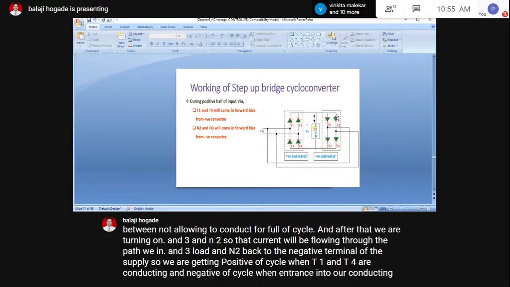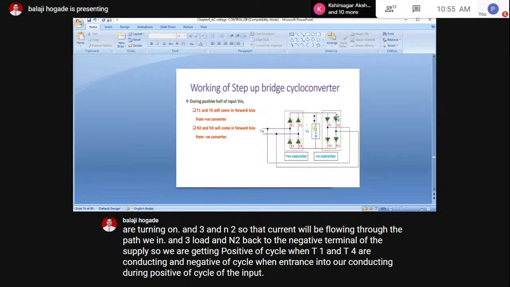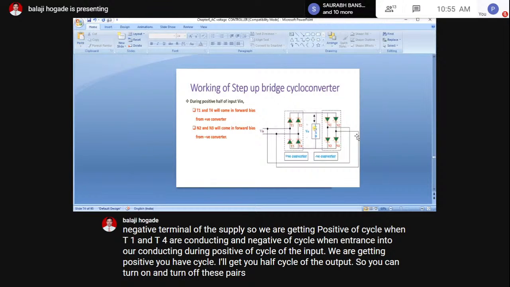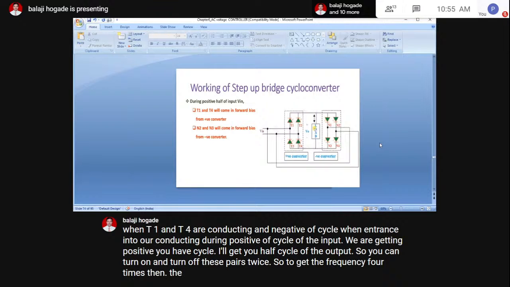During the positive half cycle of the input, we are getting positive half cycle and negative half cycle of the output. So you can turn on and turn off these pairs twice to get the frequency 4 times the input frequency. During the negative half cycle, what happens?